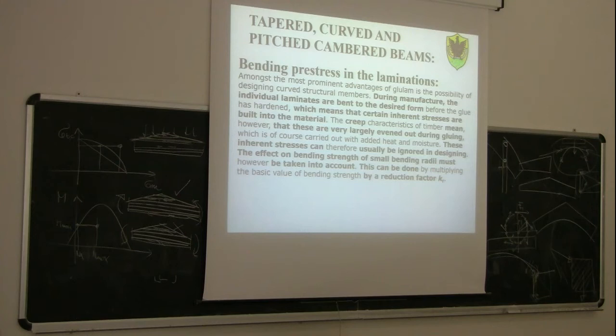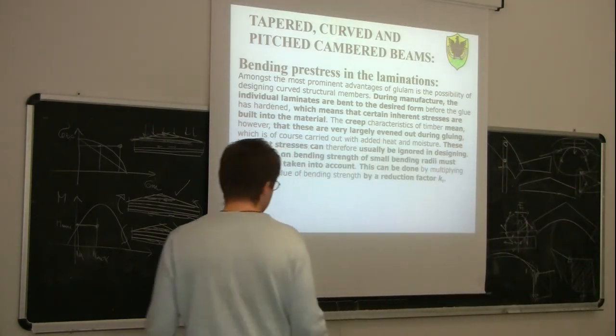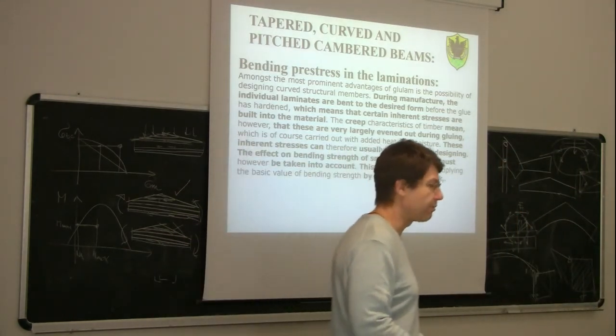If you come back after 1 month, you will find 5 instead of 10. If you come back after 1 year, you will find 3 or 4. This is due to the relaxation, the creep of timber. So in the long term, the initial eigenstresses will be reduced very much.